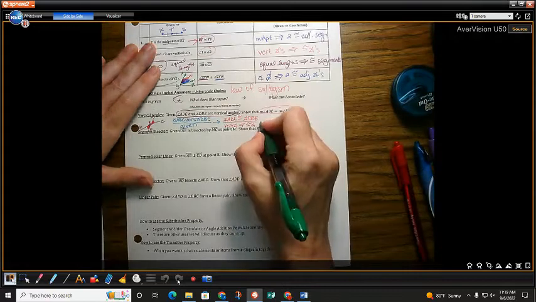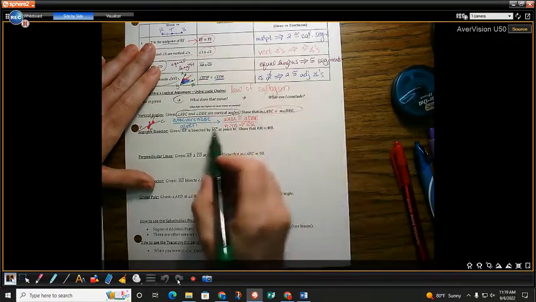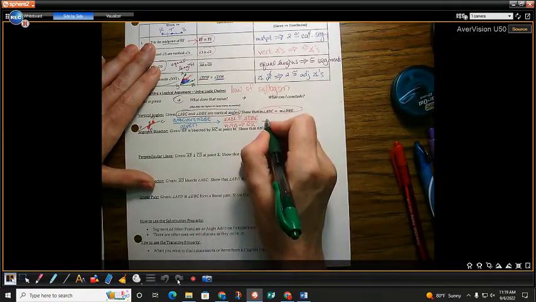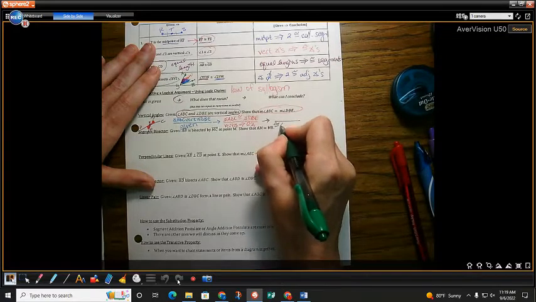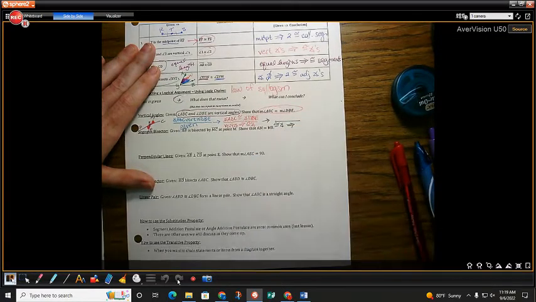And now we're going to use my law of syllogism. I got from vertical to congruent angles. Now I'm going to take those congruent angles and try and head somewhere else. So where can congruent angles take me?